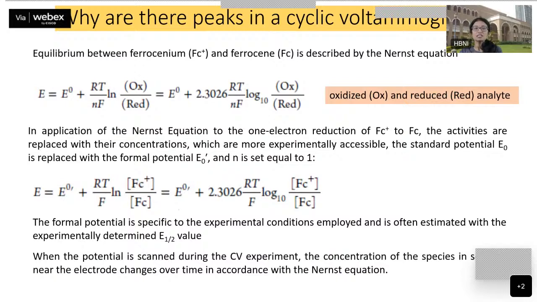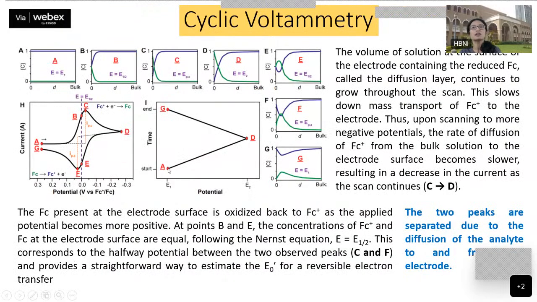When the potential is scanned during the CV experiment, the concentration of the species in the solution near the electrode changes over time, as predicted by the Nernst equation. Now, the volume of the solution at the surface of the electrode containing the reduced ferrocene is called the diffusion layer. This continues to grow throughout the scan.